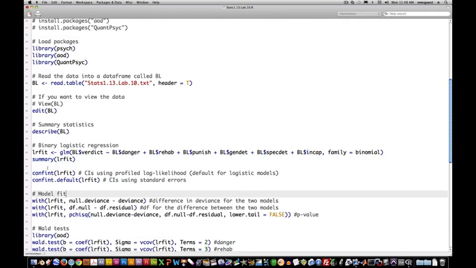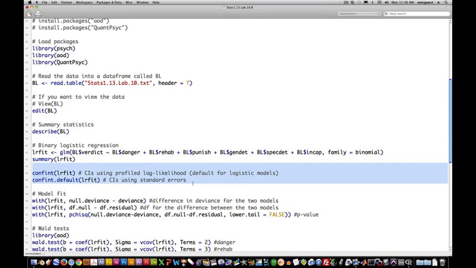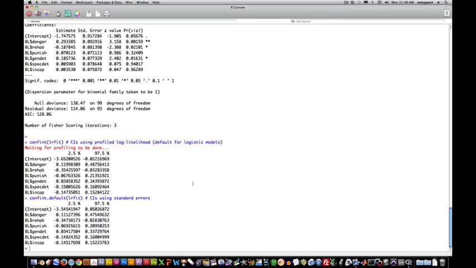Okay, so if we go back to the script, we can get confidence intervals around those estimates, and there are 2 ways to do it. The first way is the confidence intervals using profiled log likelihoods. That's typical for logistic models. The second way is just using standard errors. They're not that different, is the point.